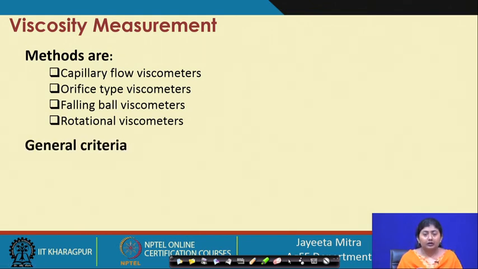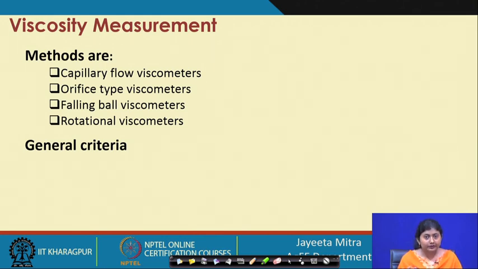To measure the viscosity by all the methods written here, there are certain general criteria that are followed. Those basically define the condition of the fluid for which we are measuring the viscosity, because we have understood in our last class that there are certain parameters which can affect the viscosity.